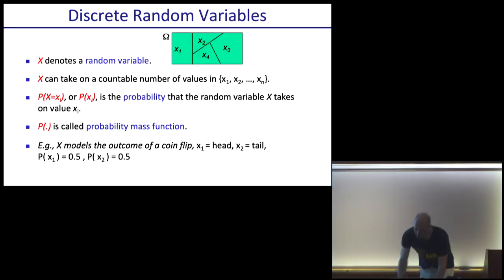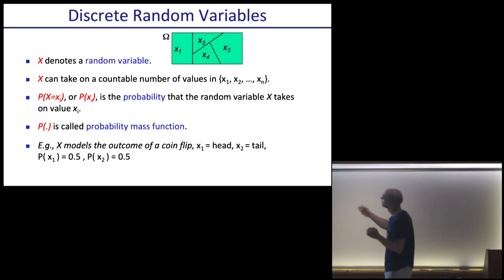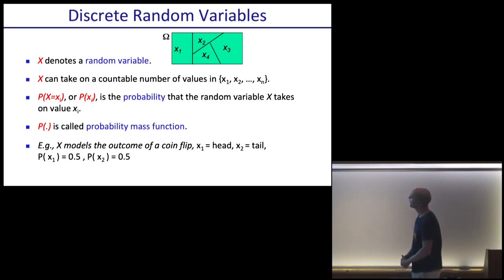All right. So there are discrete random variables and continuous random variables. So here we have omega, again, the rectangle. And again, think of every point in the rectangle as representing one possible state of the entire world. And then x is our random variable we work with. X can take on 4 values.